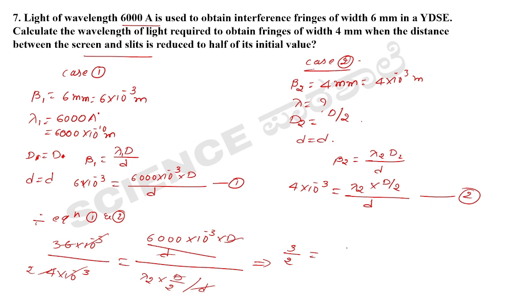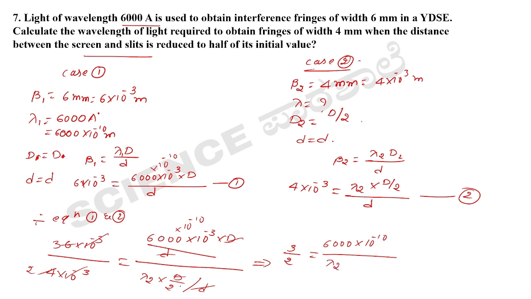Now 6000 into 10 raised to minus 10, because angstrom is 10 raised to minus 10, divided by lambda 2. See, this is 1 by 2.